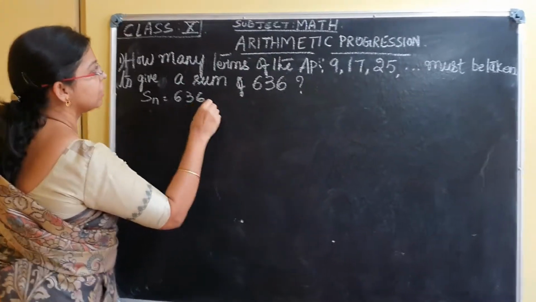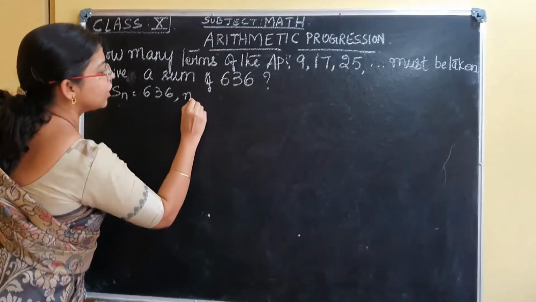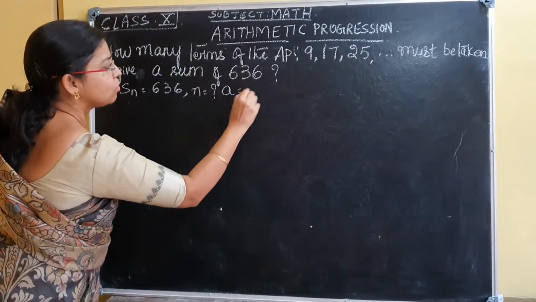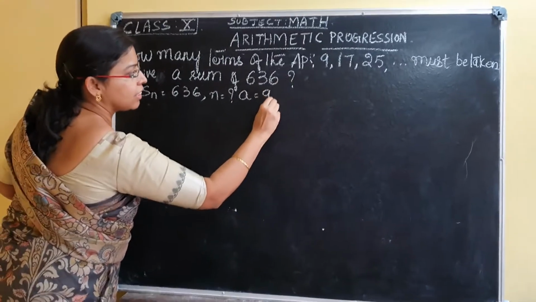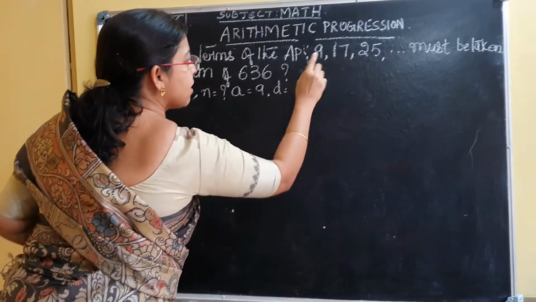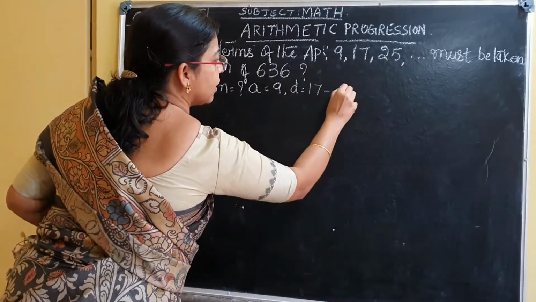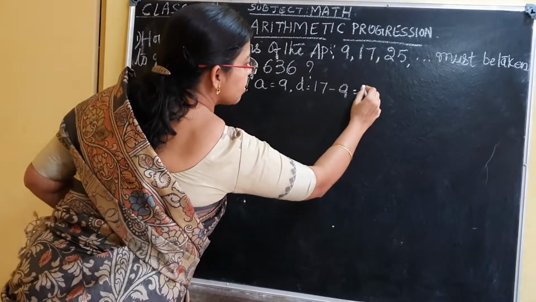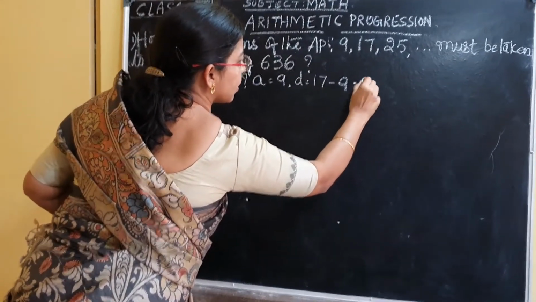Sn value they have given. How many terms? We need to find the number of terms. Do we know the value of a from this AP? It is 9. We can also get the value of d, which is 17 minus 9, which is 8.